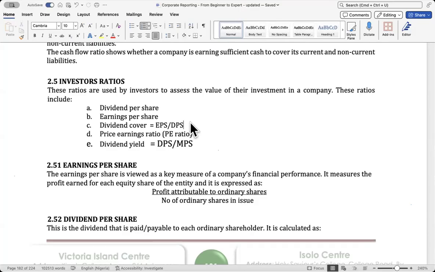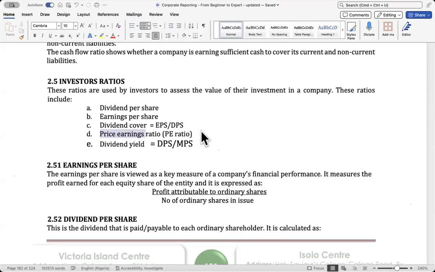There's dividend retention ratio, which is the proportion of your earnings that is retained, which is usually retained earnings over your profit for the year, or it could be 1 minus DPS over EPS, the dividend payout ratio. So those are investors' ratios.